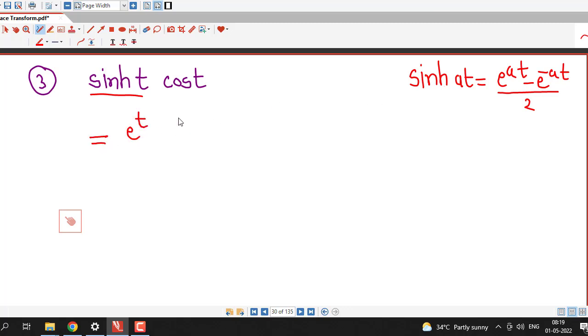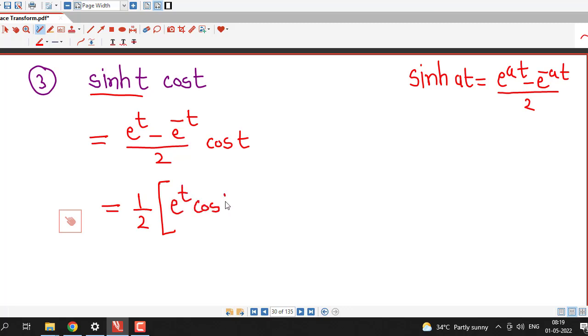So first we rewrite sin hyperbolic t as e raised to t minus e raised to minus t divided by 2 times cos t. So this we can rewrite as 1 by 2 constant, and this is e raised to t times cos t minus e raised to minus t times cos t.